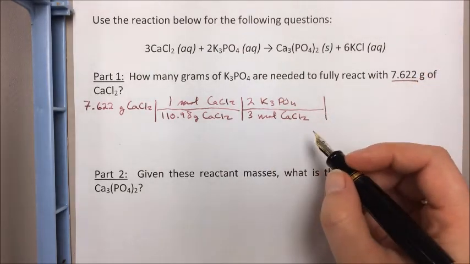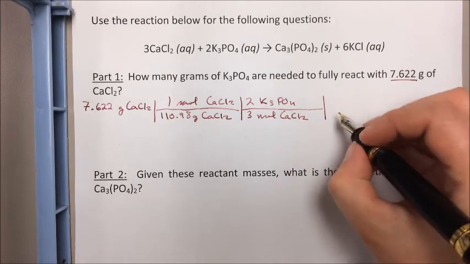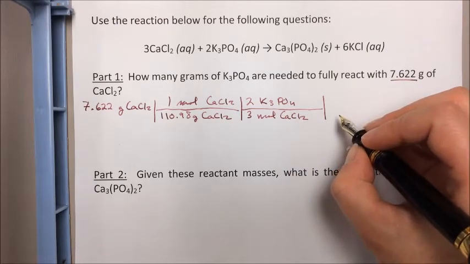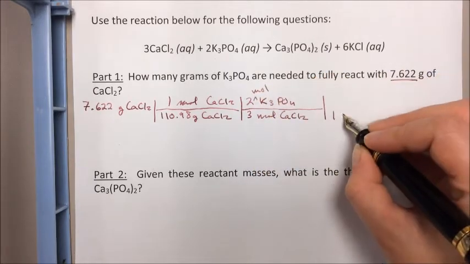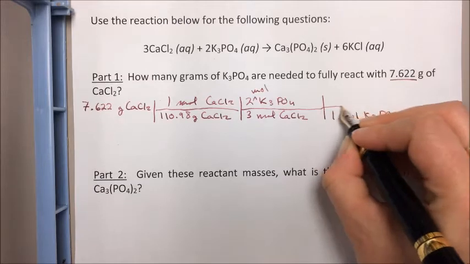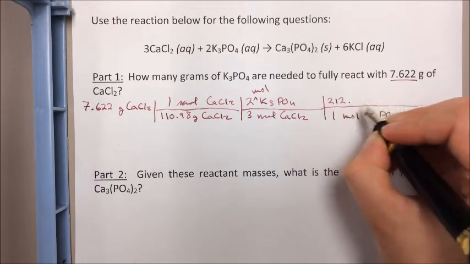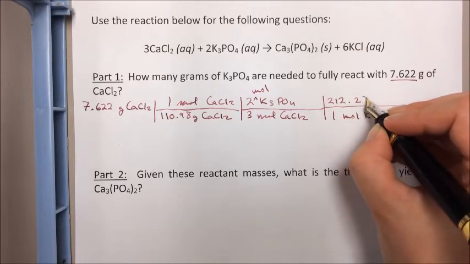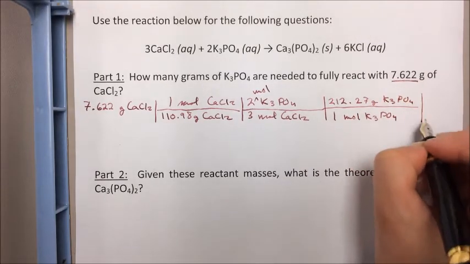Now all we need to do is use K3PO4's molar mass to convert it to grams. And that is 1 mole K3PO4 on the bottom and 212.27 grams of K3PO4 on top.